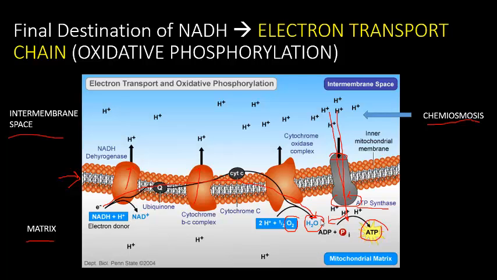Oxidation, the removal of electrons; phosphorylation, the production of ATP. 32 ATP are made during this process of oxidative phosphorylation. A bulk of the ATP made during cell respiration is produced by this means.